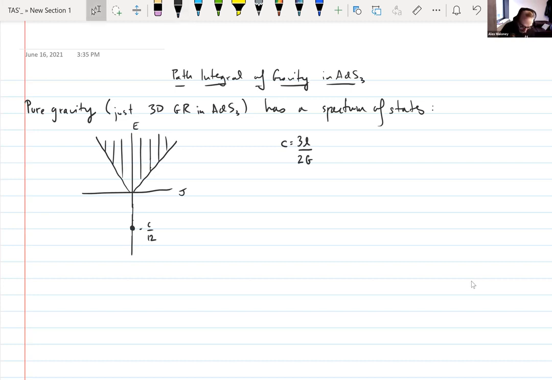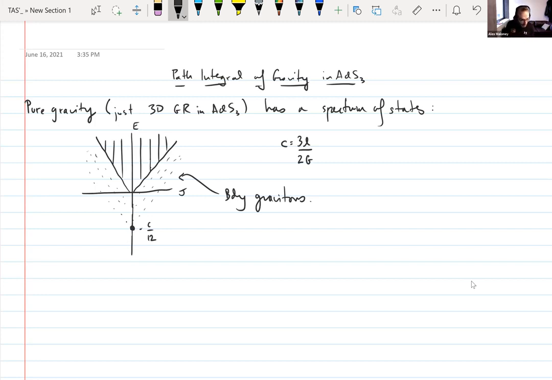We also have a bunch of discrete states that live in this region down here. And these are the boundary gravitons. These were obtained by taking diffeomorphisms that are non-trivial in the sense that they don't vanish at infinity, but instead act on the boundary, and using these to act on the ground state of the theory.